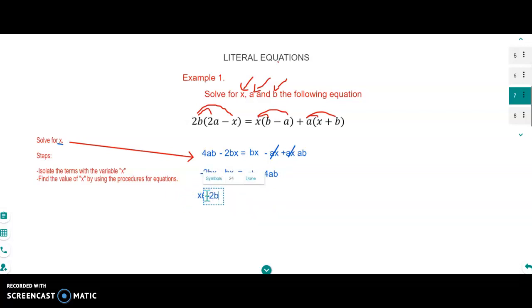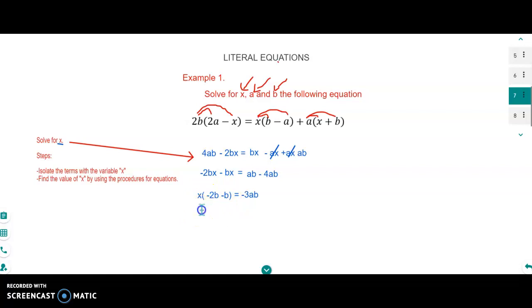We close the brackets, and here we have ab minus 4ab, they are like terms, so we can subtract them. So it will be ab minus 4ab, that will be minus 3ab. So it will be equals minus 3ab, all right?